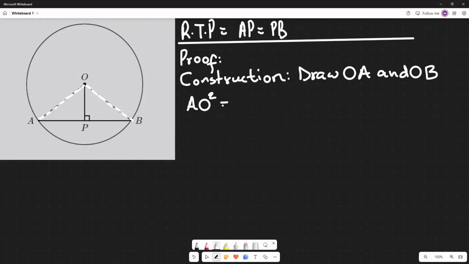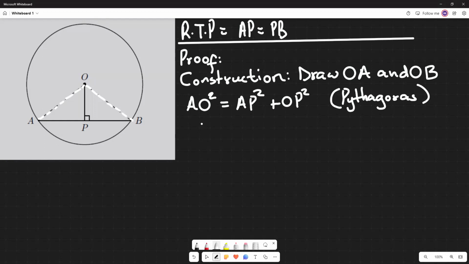Okay, perfect. You know that AO squared is equal to AP squared plus OP squared. And then your reason is Pythagoras. You use the theorem of Pythagoras, right?